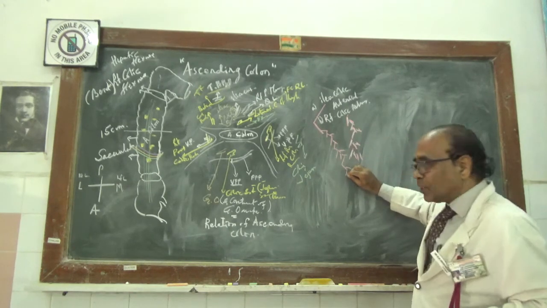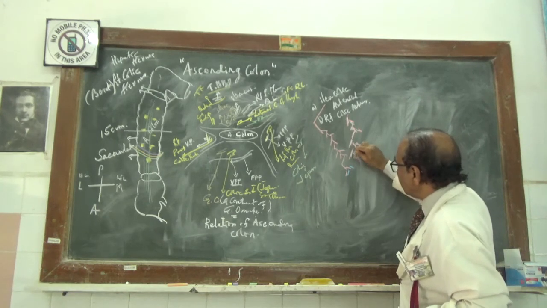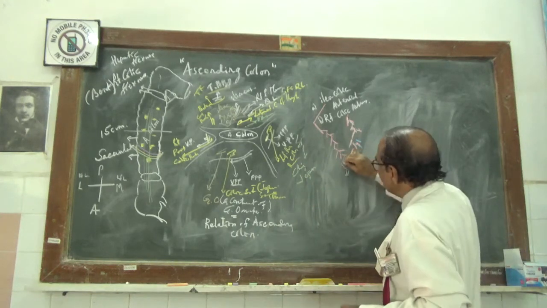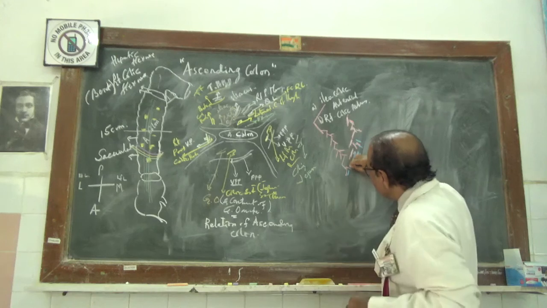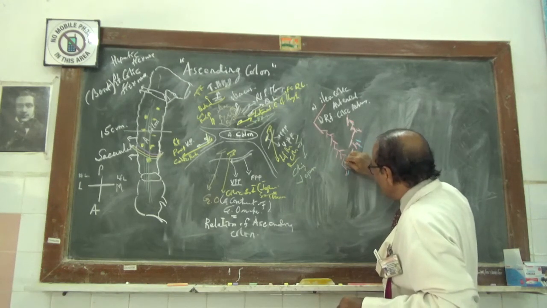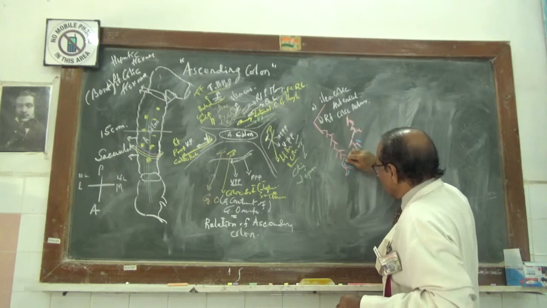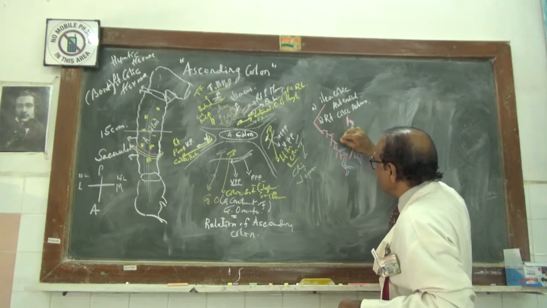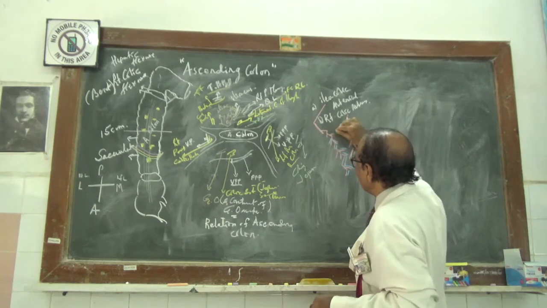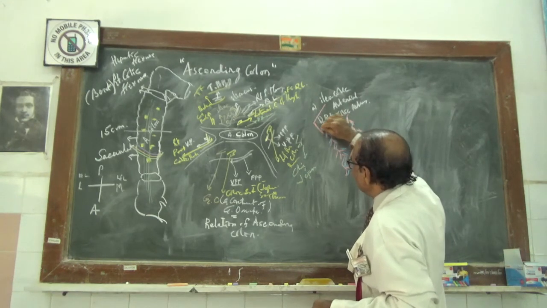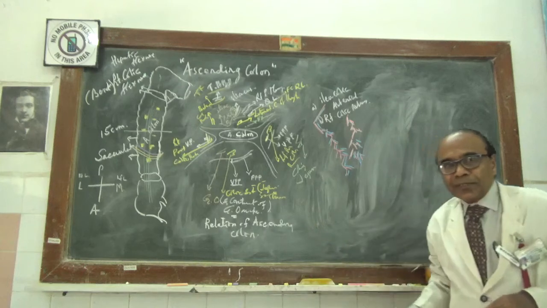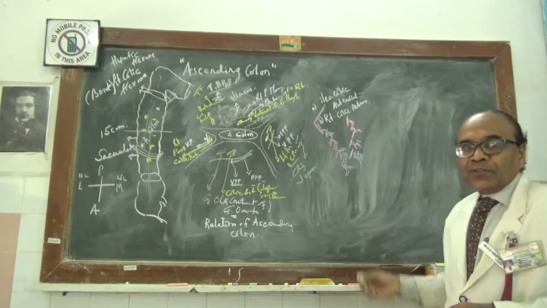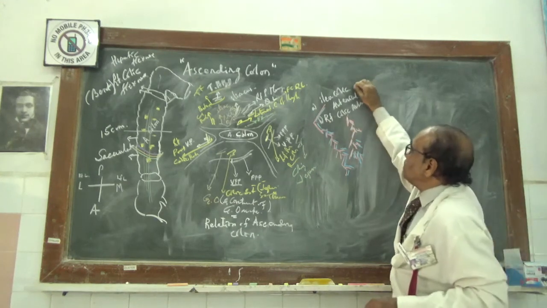These colonic veins drain the deoxygenated blood from the entire length and diameter of the ascending colon, and it goes first into the unnamed, then into the primary, then the secondary, then the tertiary, then into the ileocolic vein, and the ileocolic vein opens into the superior mesenteric vein. That superior mesenteric vein is one part of this.